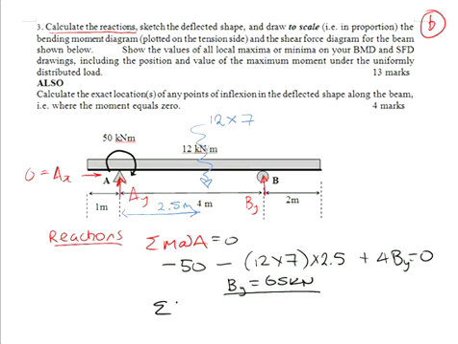Then just so I can be complete, forces in the y direction: AY plus BY minus 12 times 7 equals 0. So AY works out to be 19 kilonewtons.